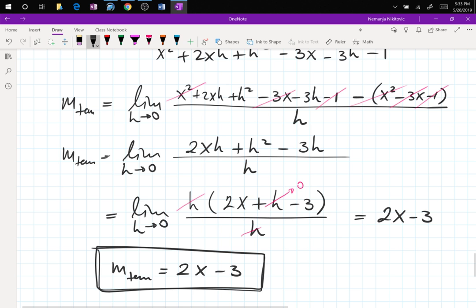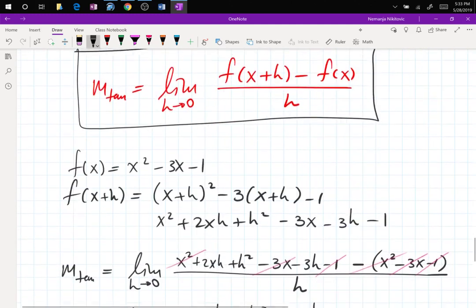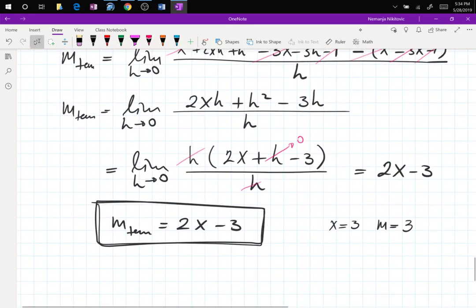Now, you give me x, I'll give you slope like this. If your x is 3, what's your slope? 3. If your x is 7, what's your slope? 11.